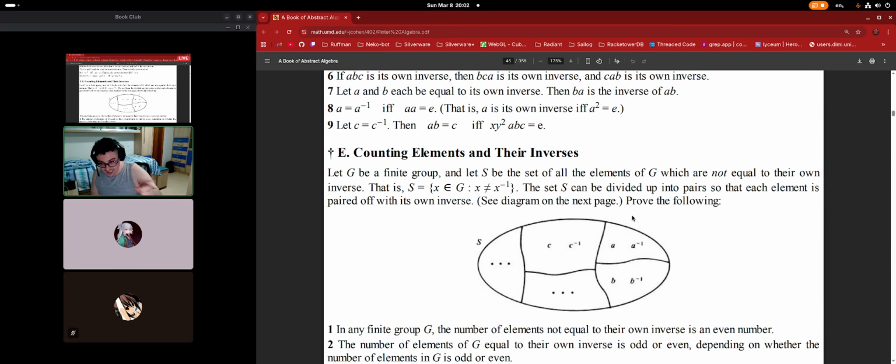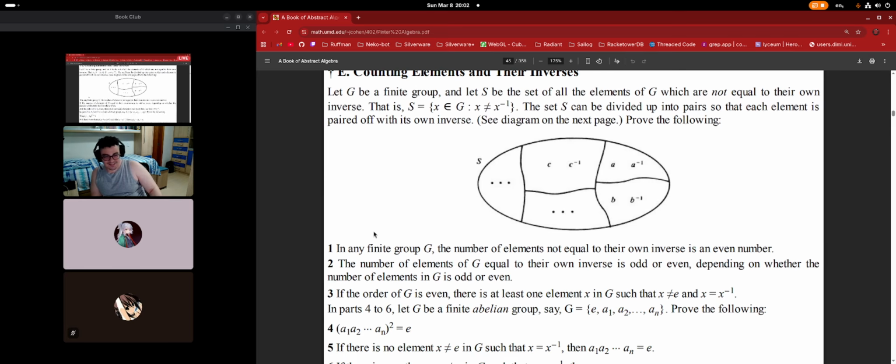This one is actually pretty interesting, because it's an unexpected connection about it being odd or being even, and the fact that elements are their own inverses, right? That's kind of cool. So imagine that you have G as a finite group, and S is the set of all the elements of G which are not equal to their own inverse. So S can be denoted in this way.